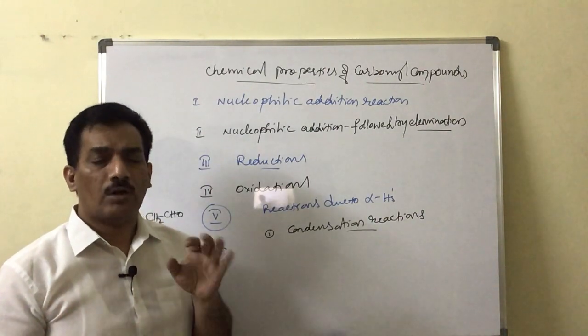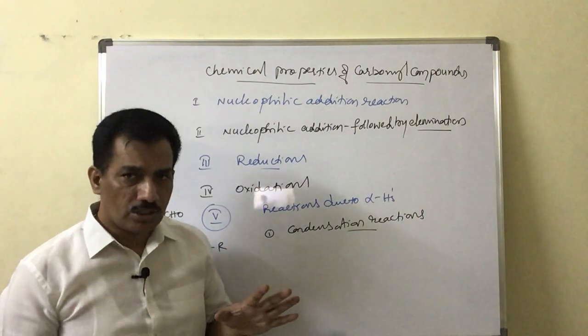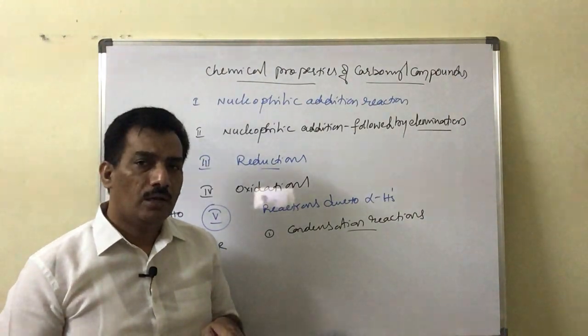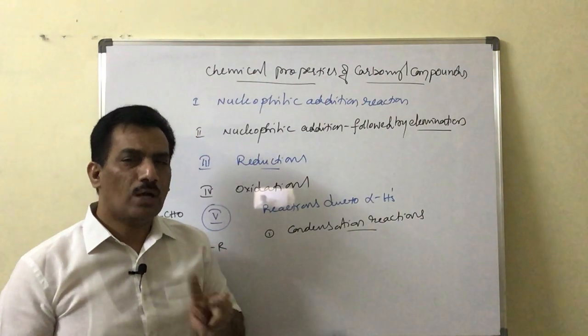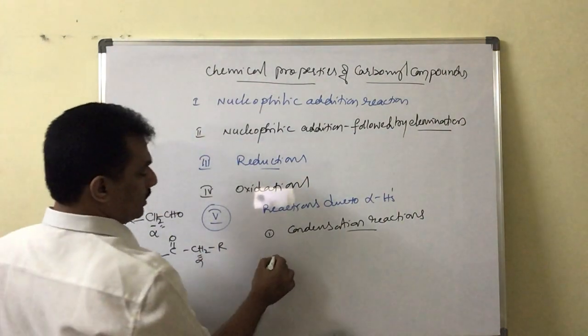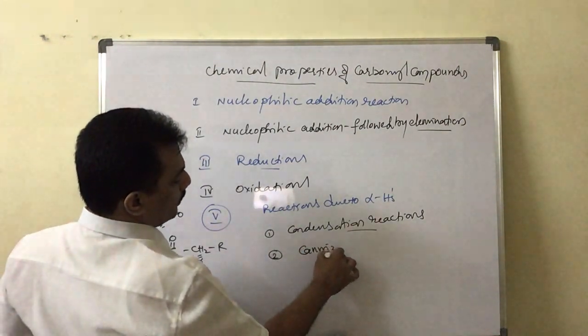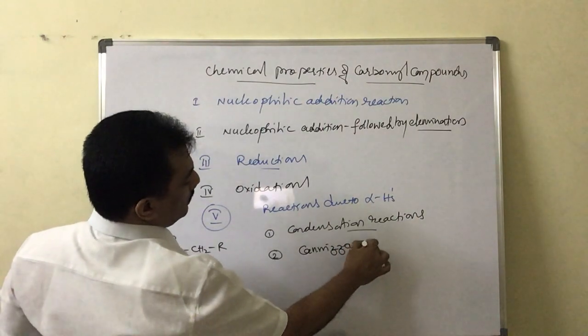Clear? Aldol is one of the intermediary products. So aldol formation followed by elimination, these two combined are known as condensation. Clear? And one best example of a type of condensation is the Cannizzaro reaction we are expecting from these carbonyl compounds.